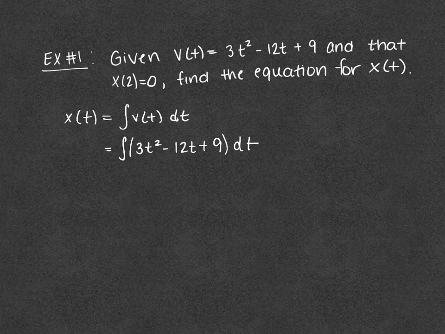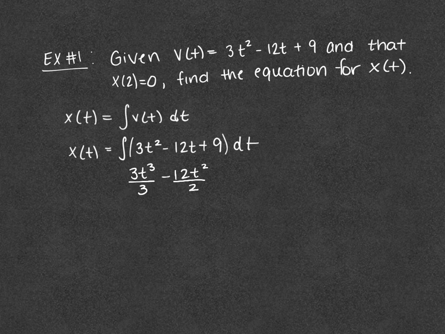Now we kind of have to switch gears from what we've been learning all week, and do the antiderivative. Remember, antiderivative means we add 1 to the power and then divide by that power. So this is going to be 3t to the third, add 1, divide by that power, and in the instance of a constant, we just add a t.